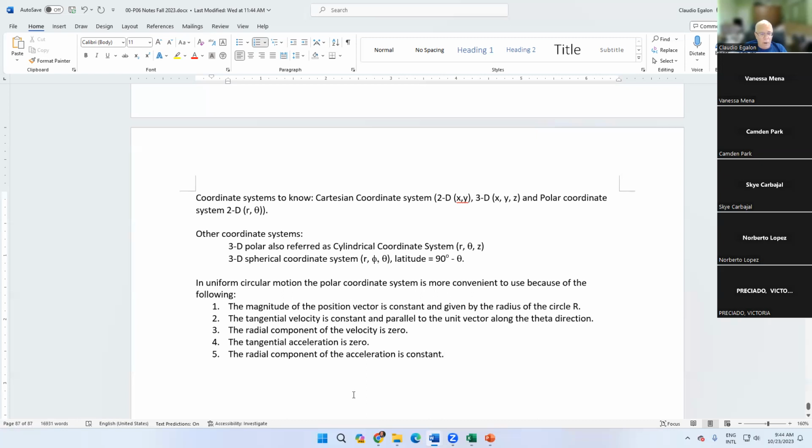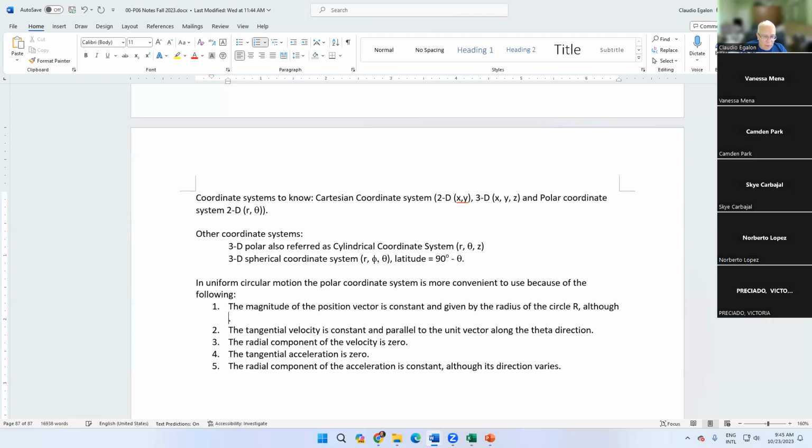It is the component that is constant, not the acceleration itself, since its direction varies. The same thing for the position vector: its magnitude is constant and given by the radius of the circle, although its direction varies, right?